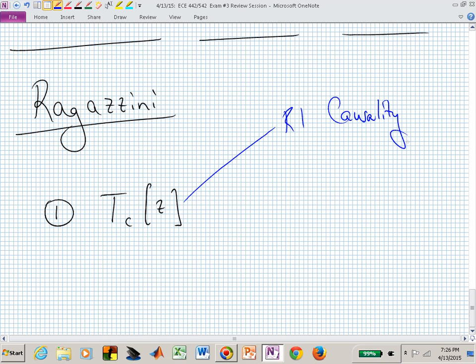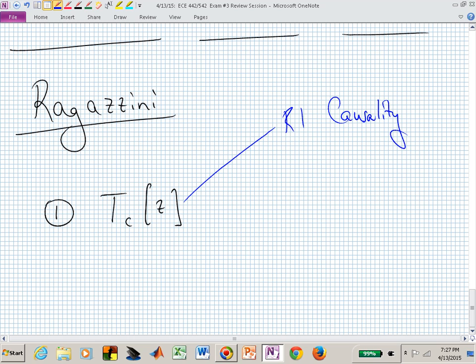Restriction 1 is causality. That basically says your controller has to be causal. But what's the causality constraint mean in practice relative to T sub C of Z? It has to have the same or larger pole zero excess as your original system.